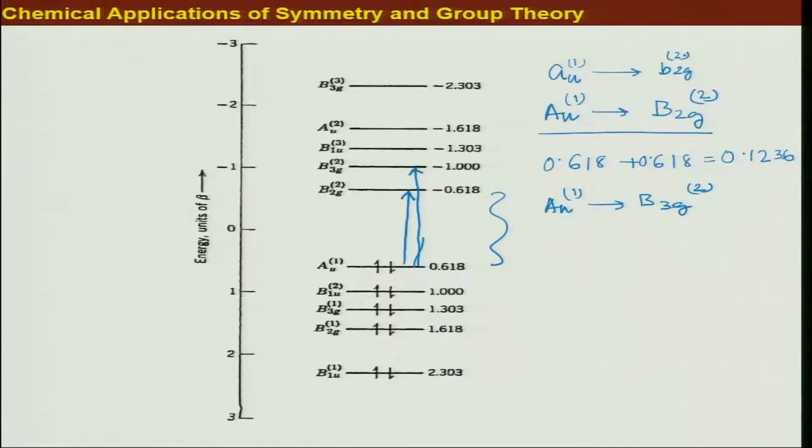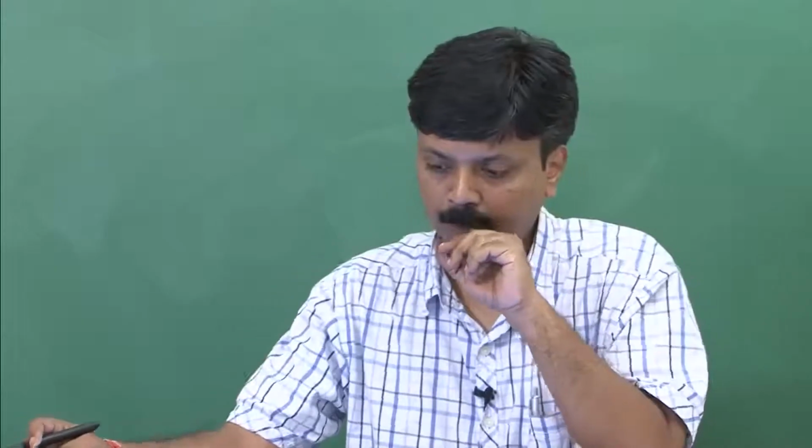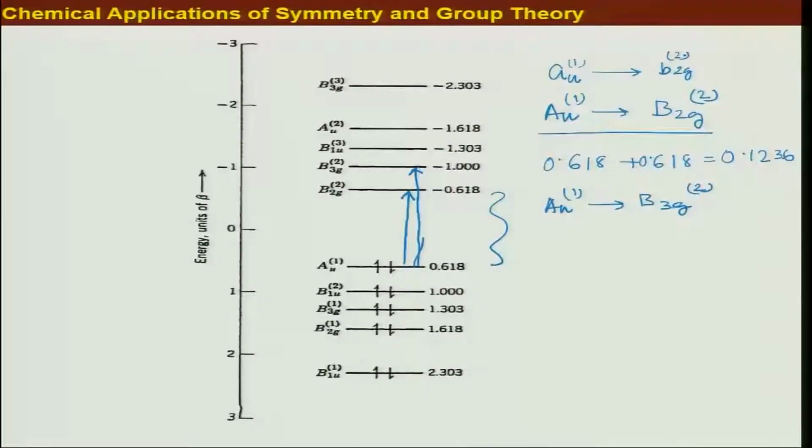And we will use the capital letters for the overall state. Okay. So if I follow that terminology, then I should write here also au1 to b3g2.